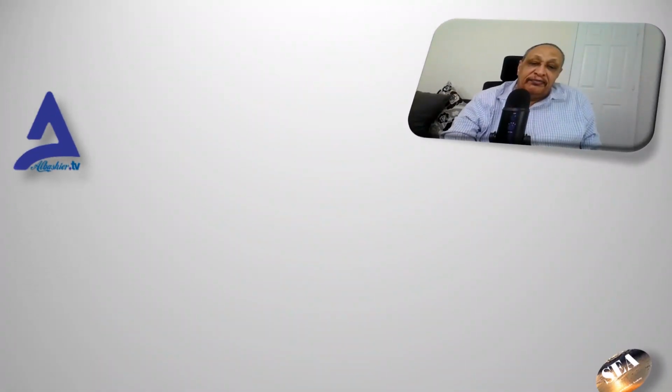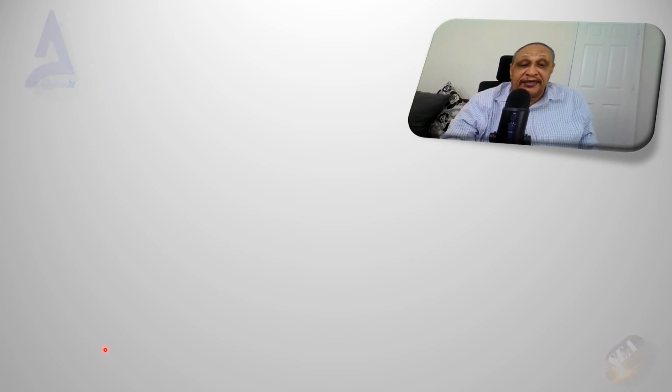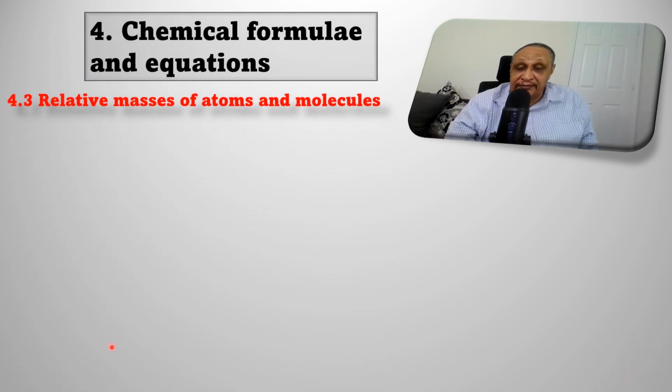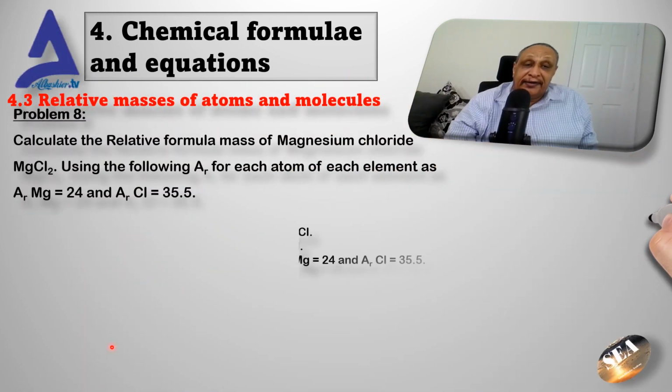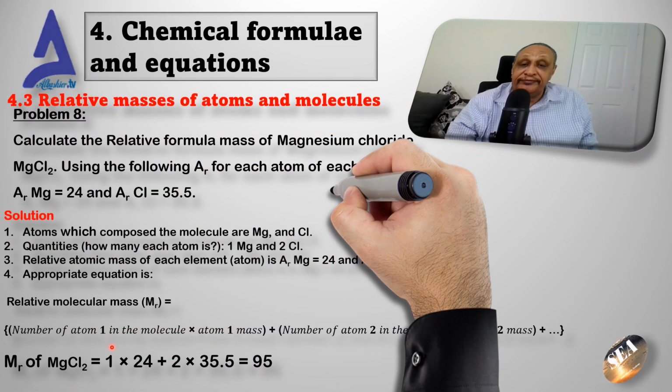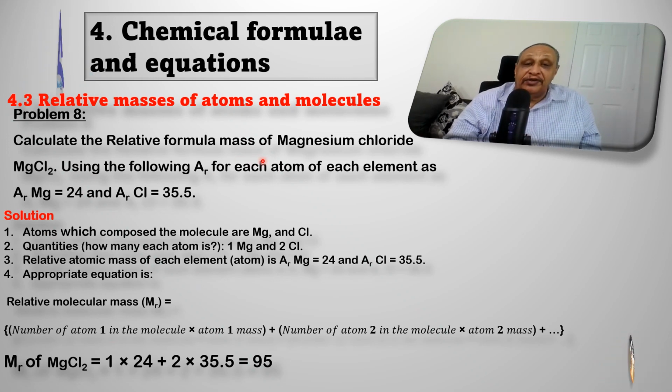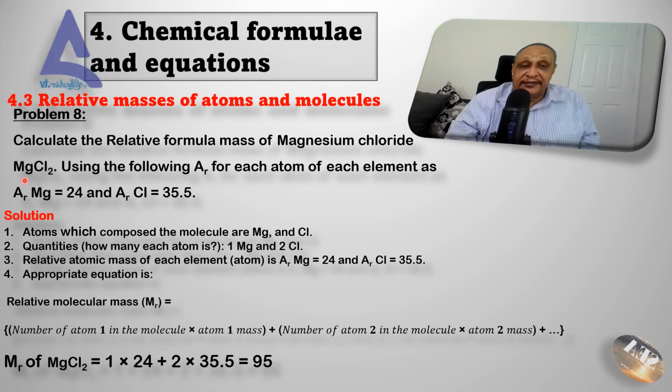Problem number 8 is very simple and very direct because it has only a very direct compound. Calculate the relative molecular mass or formula mass of magnesium chloride. Magnesium chloride is here, it is MgCl2.